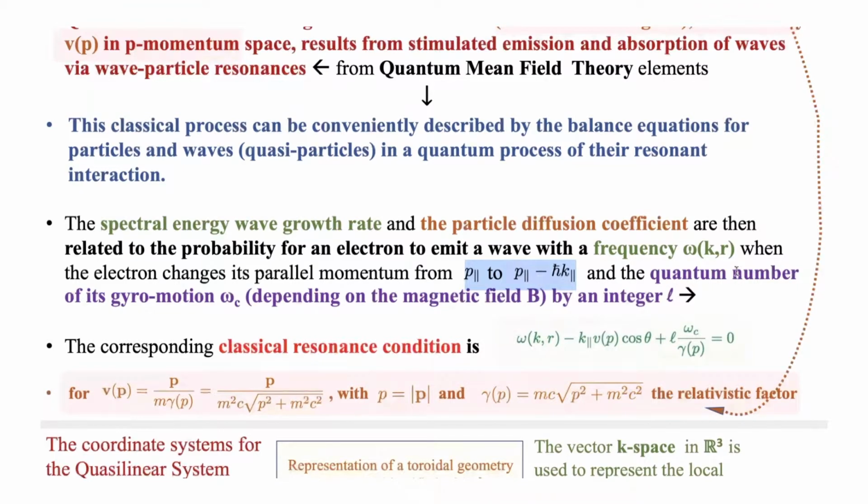So the quantum number is called the gyro motion, ω_c, which depends on the magnetic field. And if the magnetic field is strong, this component, what they call the gyro motion frequency, is of order 1, much larger than the plasma frequency, and then it induces a very important translation.